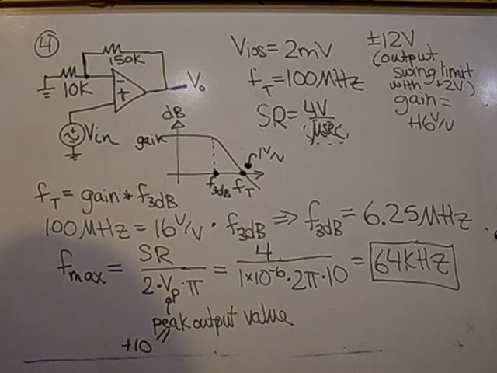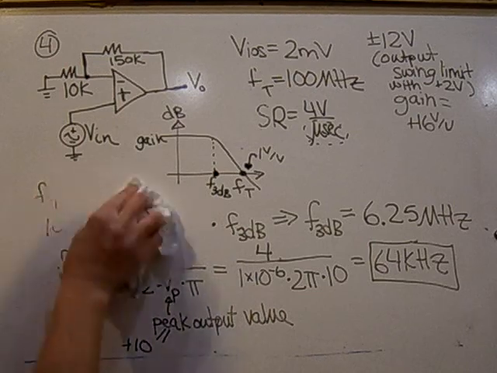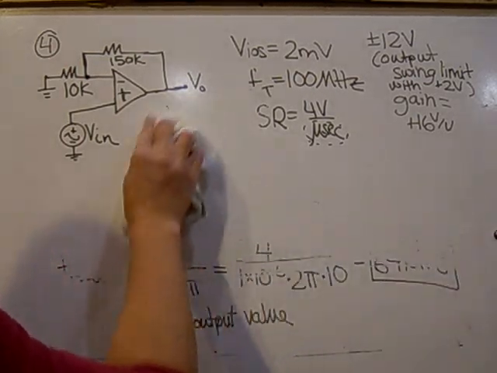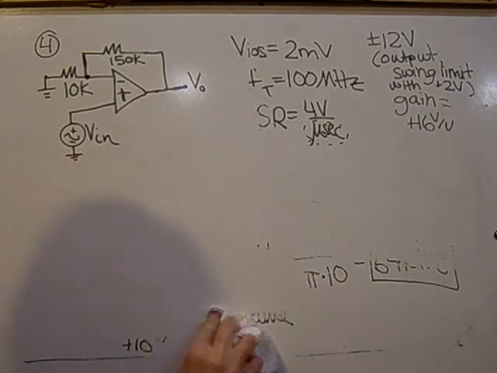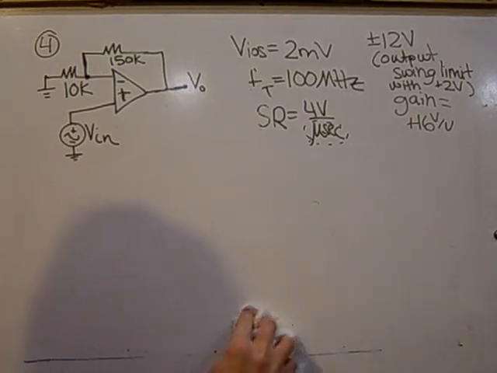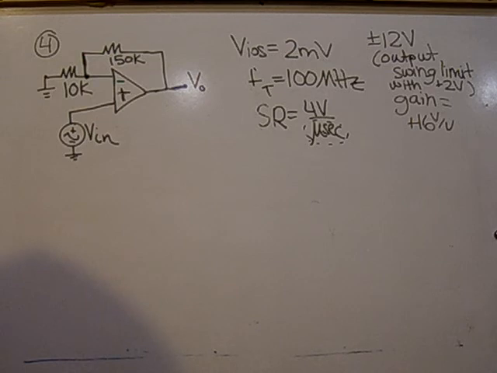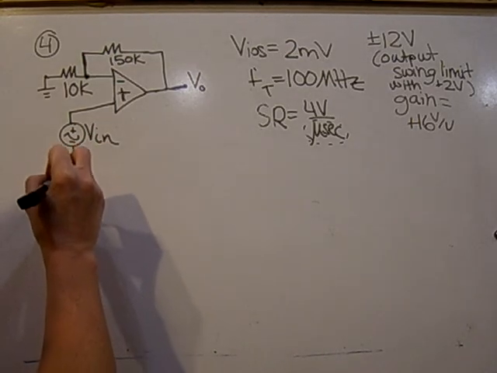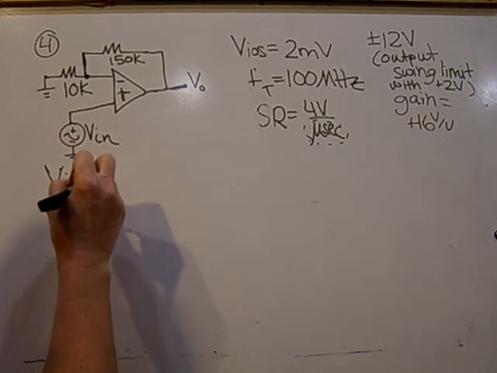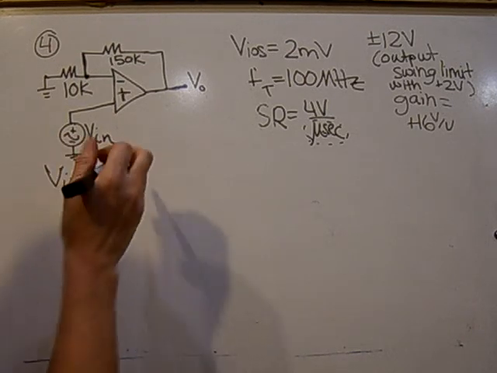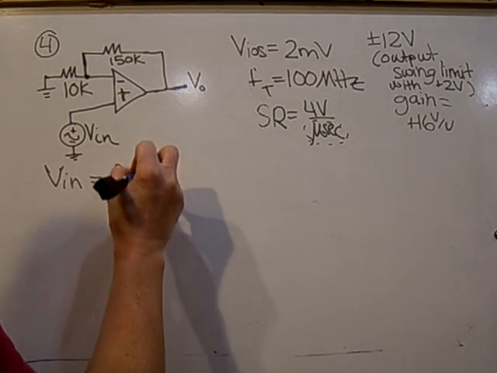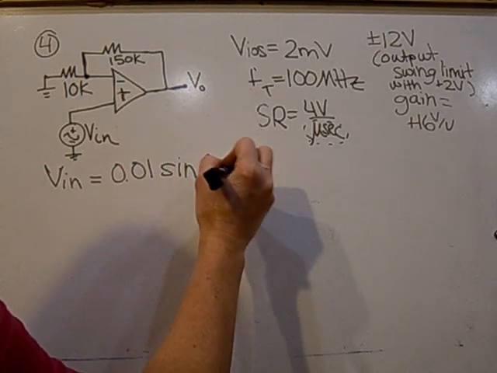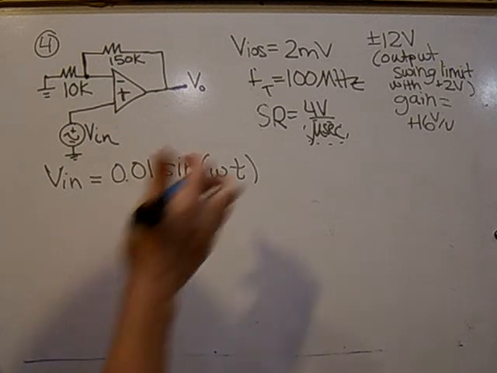All right, the other thing we want to know is the peak value at the output considering the input offset voltage. So for the peak value, we need to know the input, which is given as 0.1 sine omega t, assuming that omega is less than the 64 kilohertz.